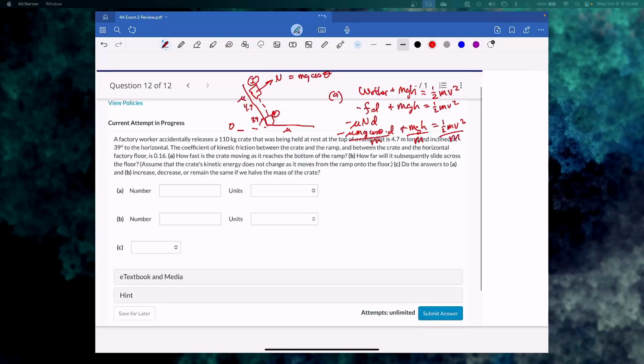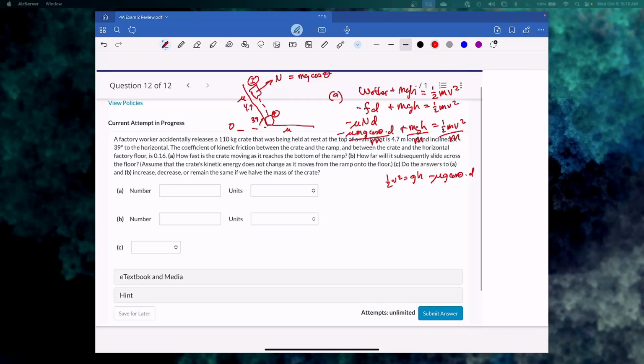My palm rejection isn't working. Okay, so that gets rid of all the m's, right? So that means that 1/2 v squared is equal to gh minus mu g cosine theta times d. Multiply by 2, take a square root. We got the velocity.